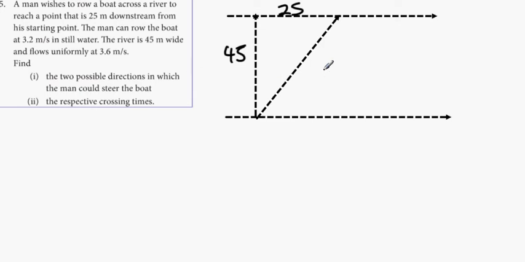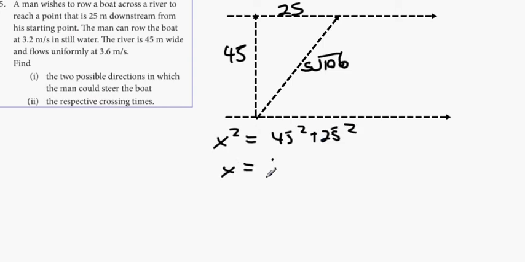And what we're going to get is 5 root 106. So x squared was equal to 45 squared plus 25 squared, and x is the square root of 45 squared plus 25 squared, and this answer comes out to be 5 times the square root of 106.